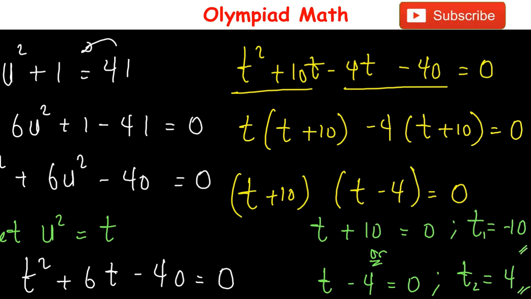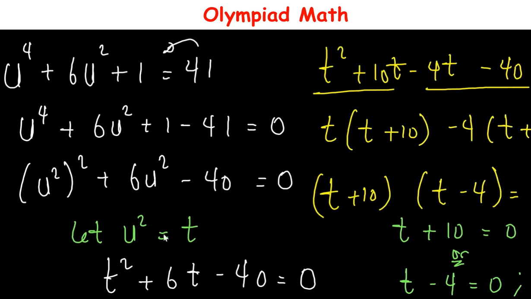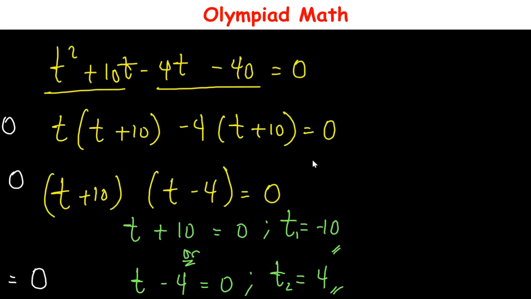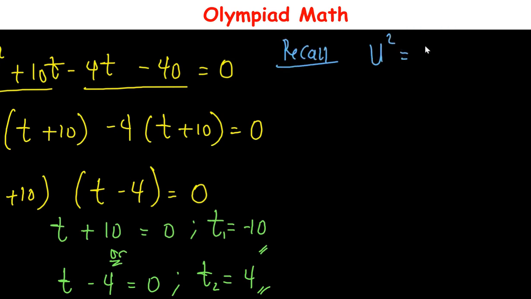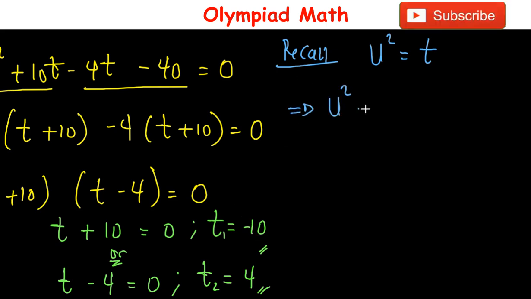Now, recall that we said let u squared equal t. So for t1 equal to minus 10, we have u squared equal to minus 10.